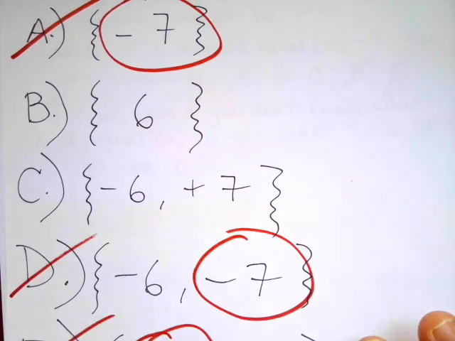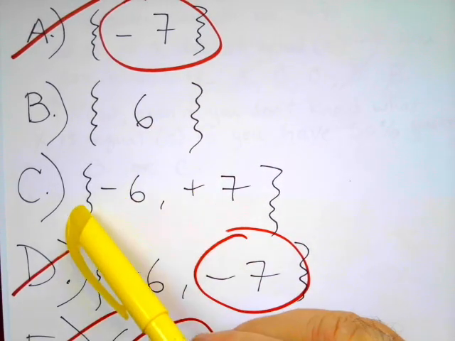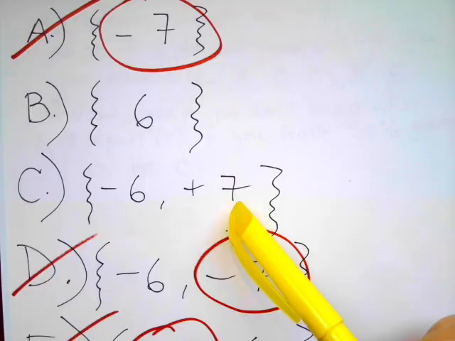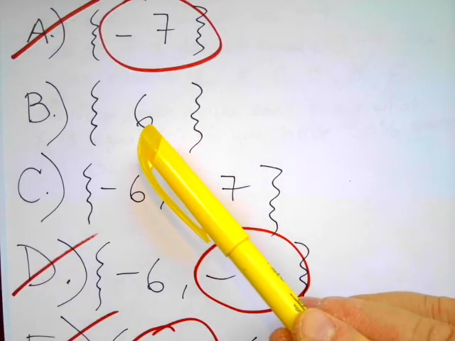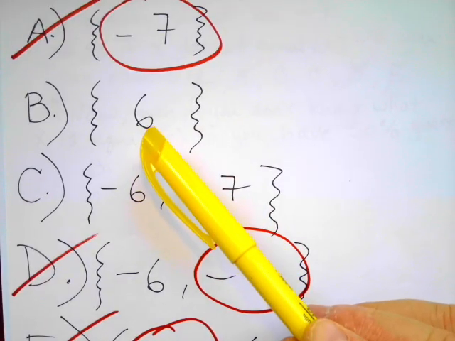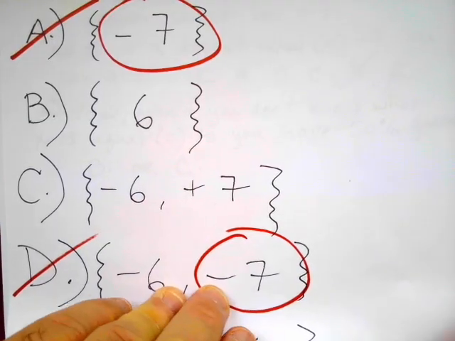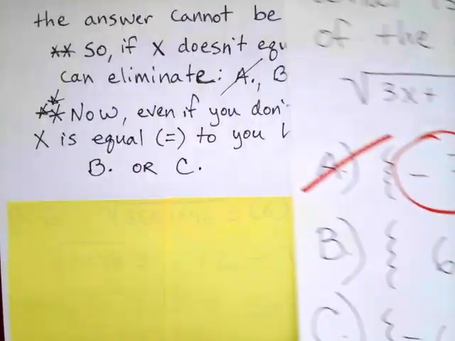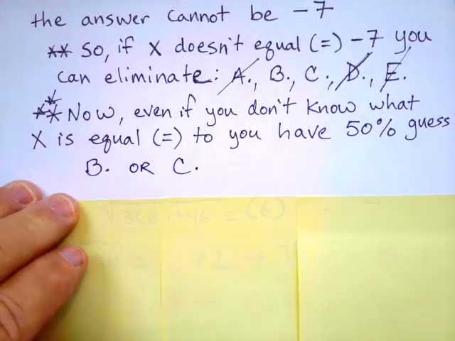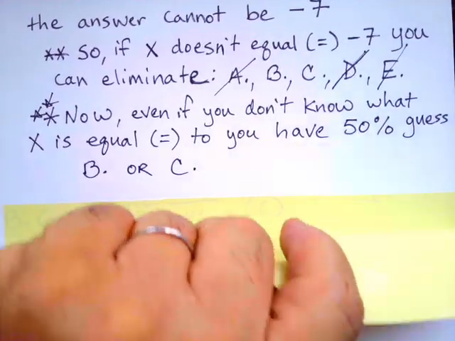So B is 6. C is -6 and 7. So I'm just going to try to substitute a 6 for x and see where that gets me. And let's just jump right on into it.